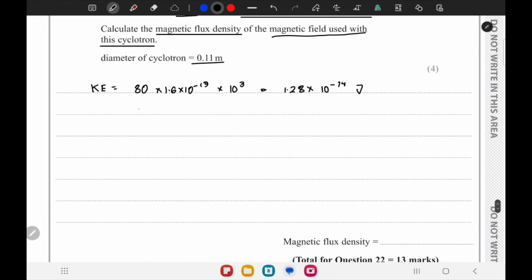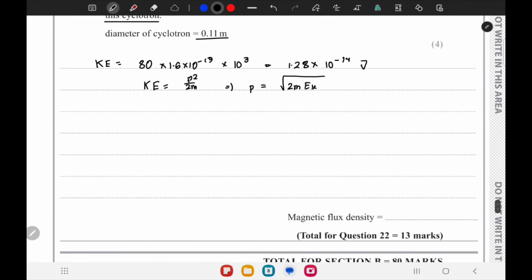Now we know that KE equals P squared by twice M. So the momentum would be root over twice M times the kinetic energy.